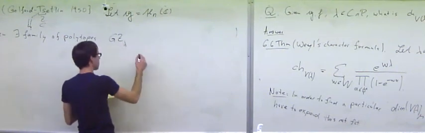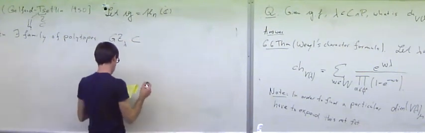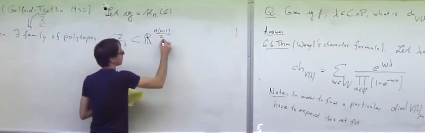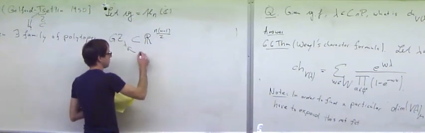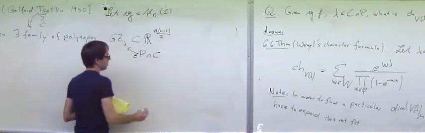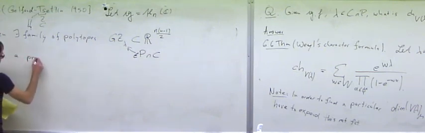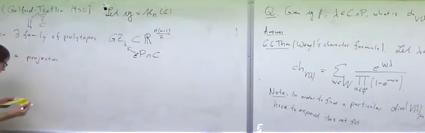These are polytopes in R to the n times (n minus 1) over 2, parametrized by these dominant integral weights, and a projection, a linear map.